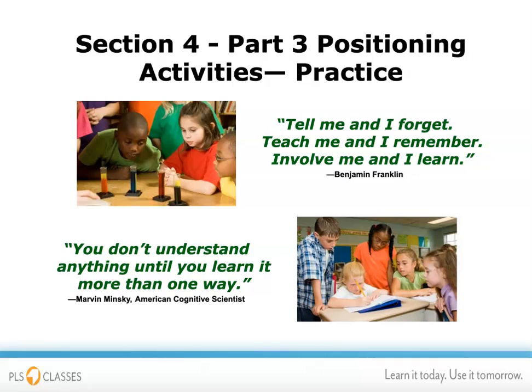Please locate page 113, Section 4, Part 3, Positioning Activities, Practice. Note the quotations on this page. Remember, both of these quotations address the importance of designing practice activities in which students learn in more than one way, providing multiple pathways to learning.